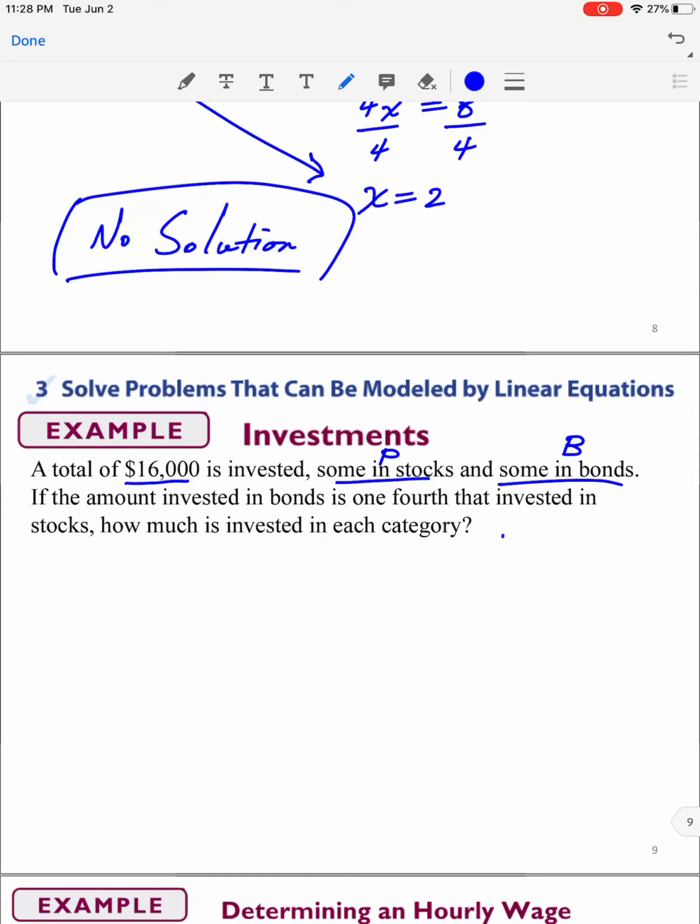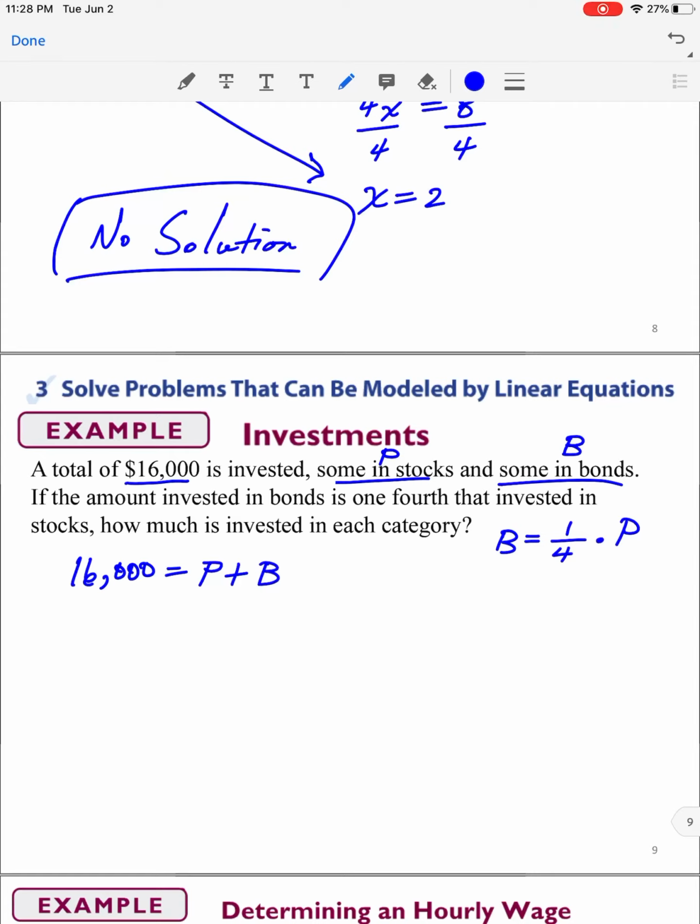All right, it said bonds is equal to 1/4 of stocks. All right, and we know that all of the money is invested in stocks and bonds.